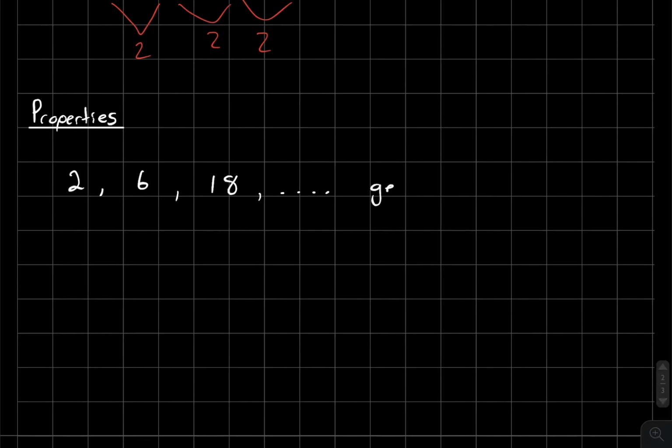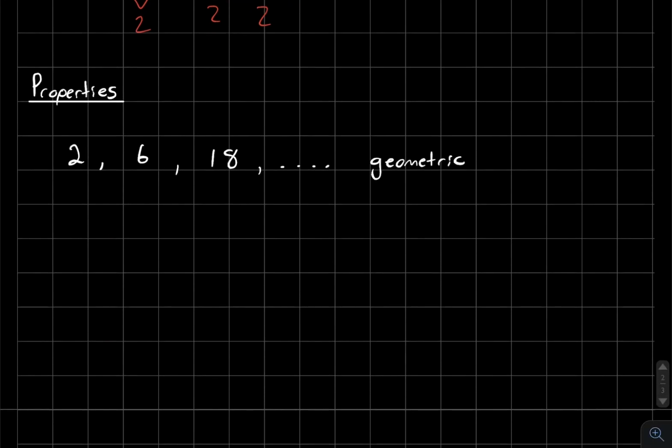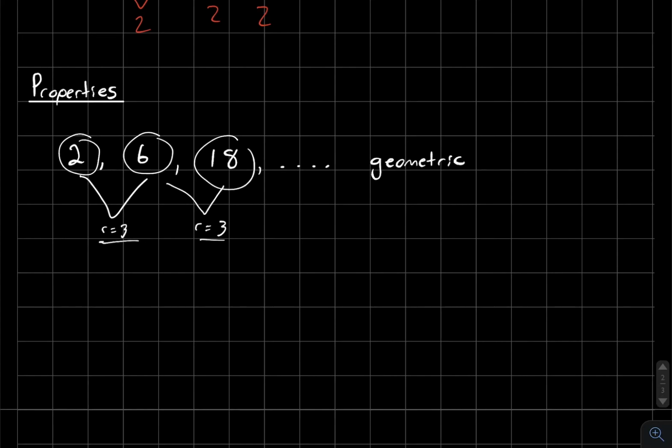And we're told that this is a geometric sequence. So obviously you would see that the common ratio here is 3, because we're multiplying each previous term by 3 to get the next term. So what you'll notice here is this sequence is increasing. The numbers are getting bigger and bigger. And you would expect that because you're multiplying each number, so you do expect it to become bigger.